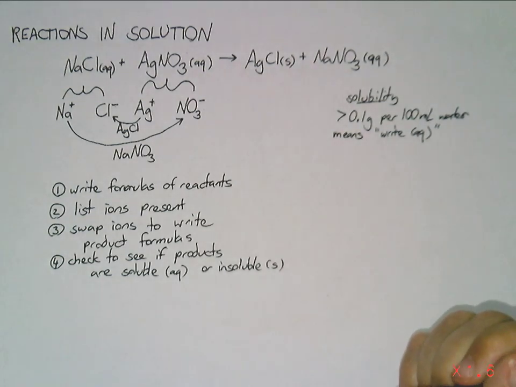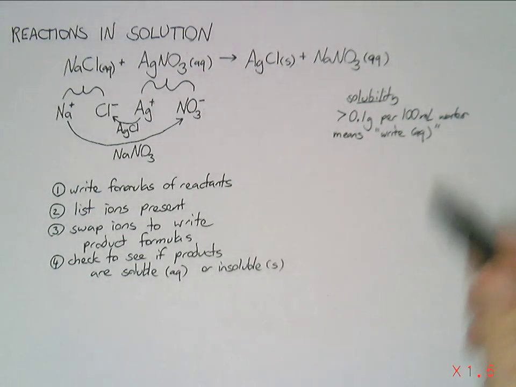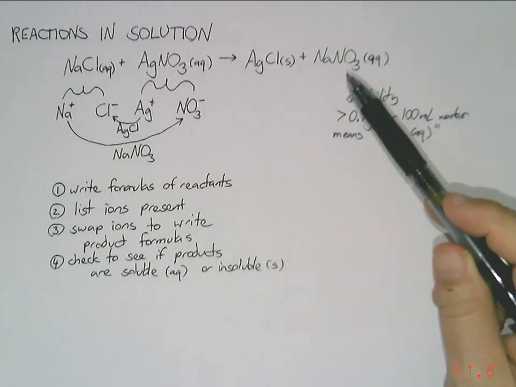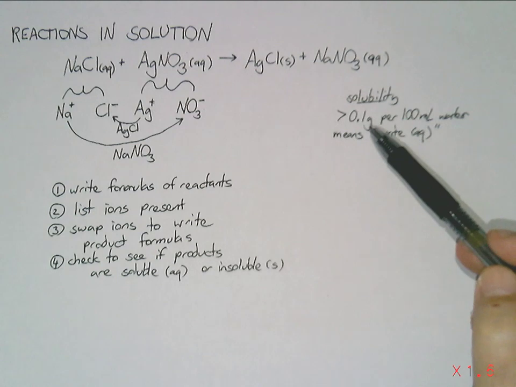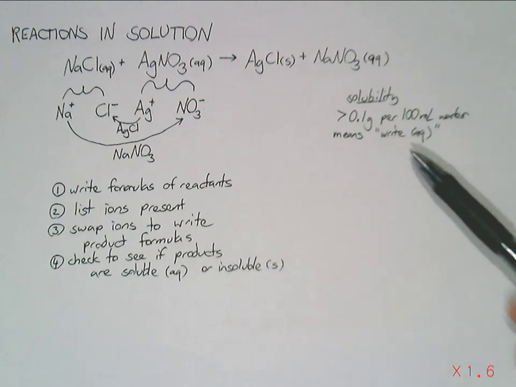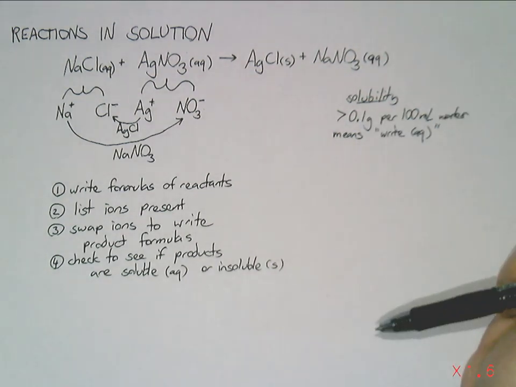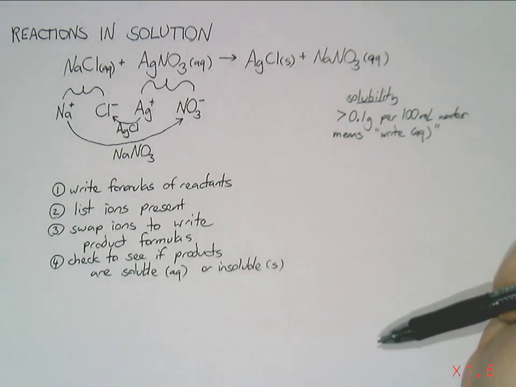Now, you can go look up the solubilities for these things. Like if you say solubility NaNO3, it will give you a number. It'll tell you how many grams of that will dissolve in 100 milliliters of water. And you can decide whether to put an AQ after it or an S after it on that basis.